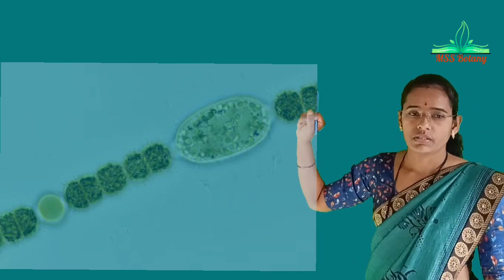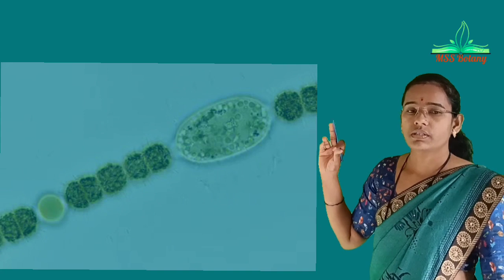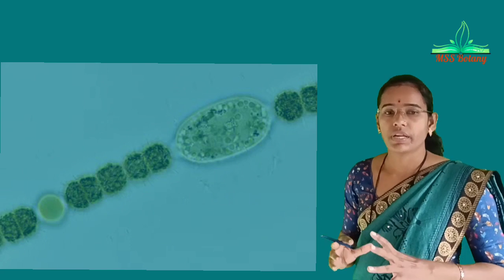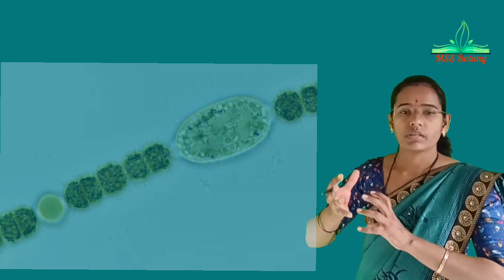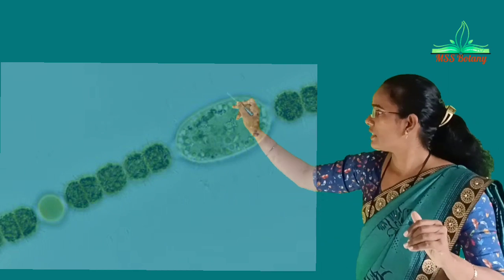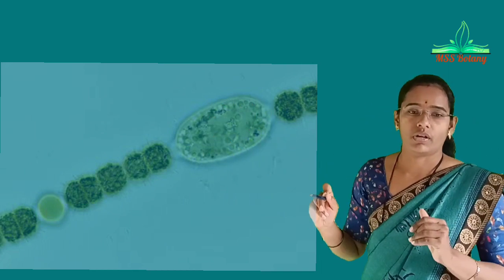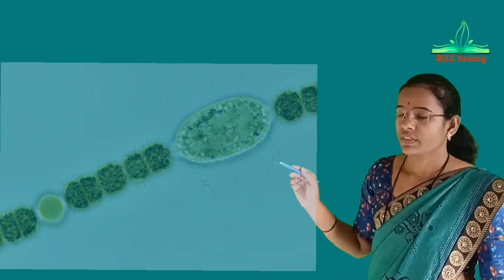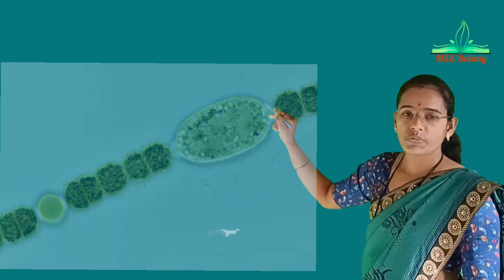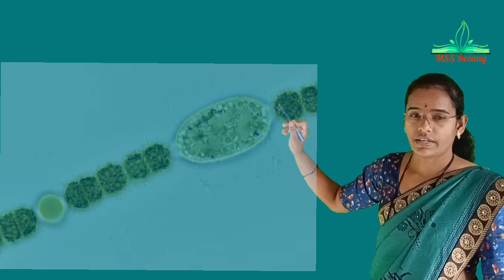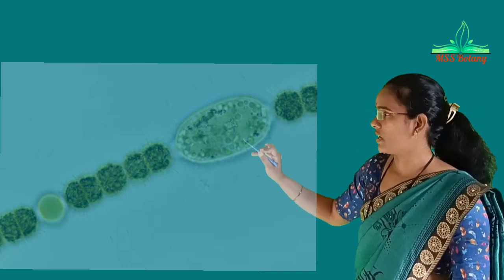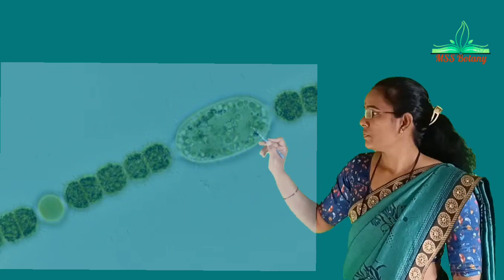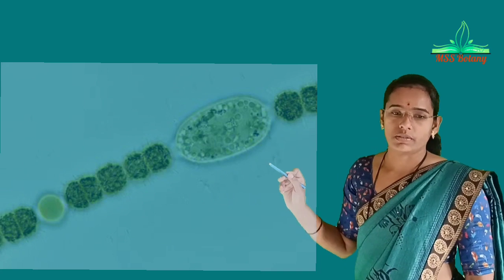That thin wall-covered cell is called the akinete. Akinetes are the enlarged cells. They also store food material, and they will rest for some time, and when favorable condition occurs, they will germinate into an algae.